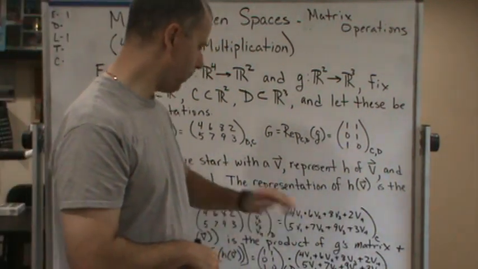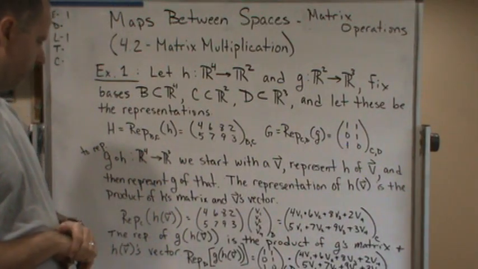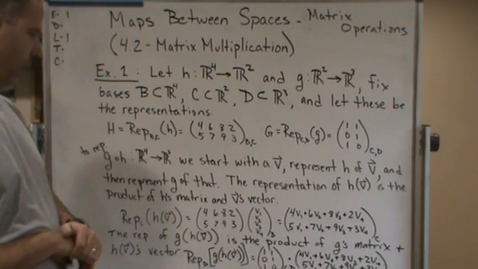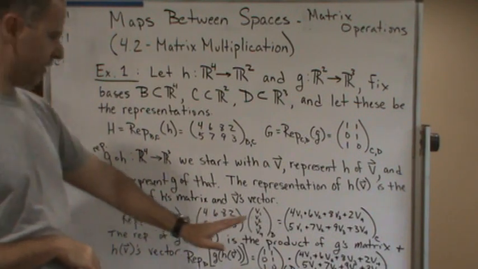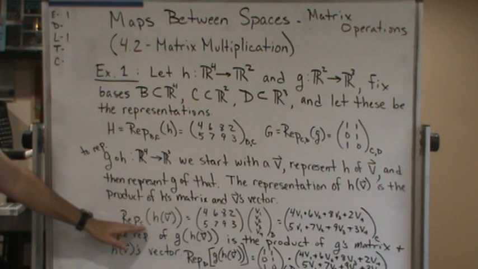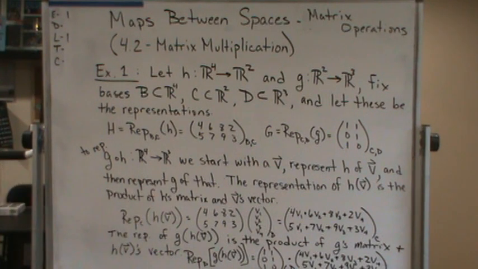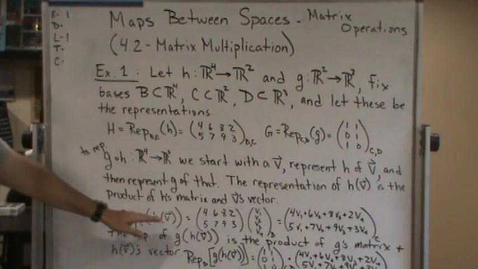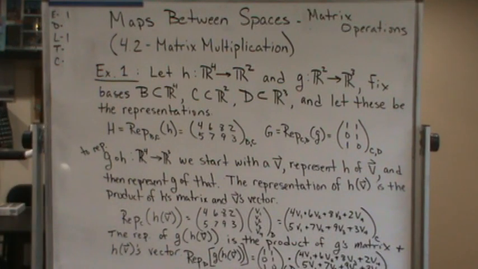That's 2 by 1. So keep that in mind. So we end up with the 2 by 1. Now, so this is now the representation with respect to C. Okay? That's the representation of this mapping, H of V, with respect to C.